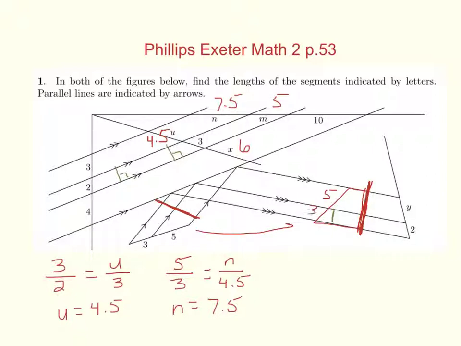You see what I'm saying? Intuitively, I thought about cutting those pieces out right here and moving it there, and I still get my proportion. So it'd be 5 over 3 equals y over 2. So y equals 10 thirds, which is 3 1/3. And there's a lot of ways you could have done it.